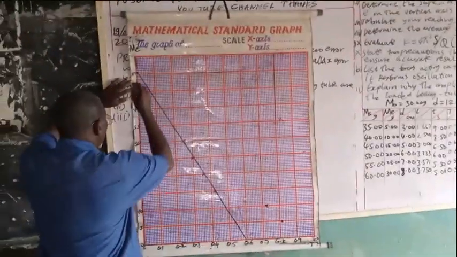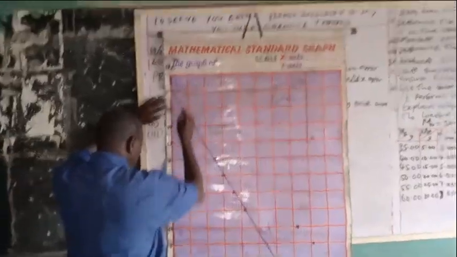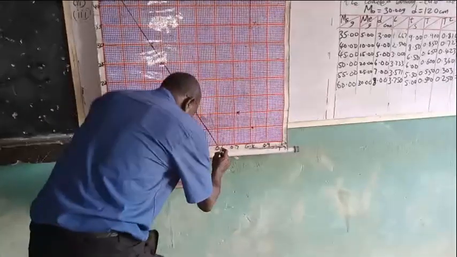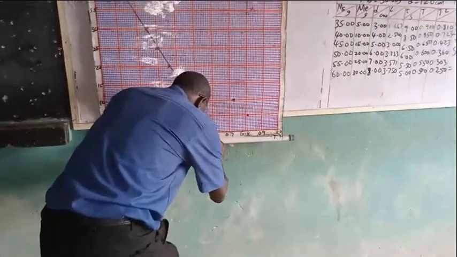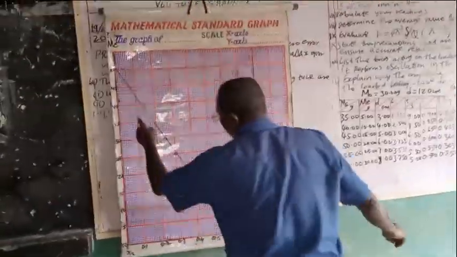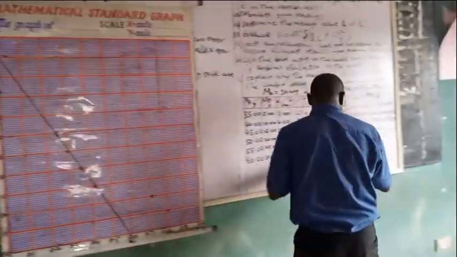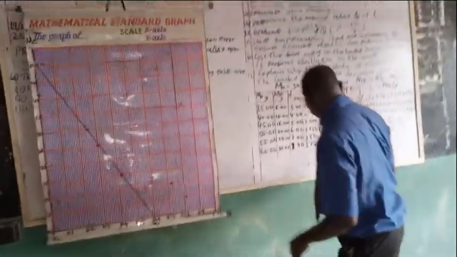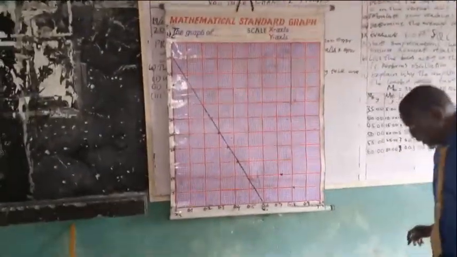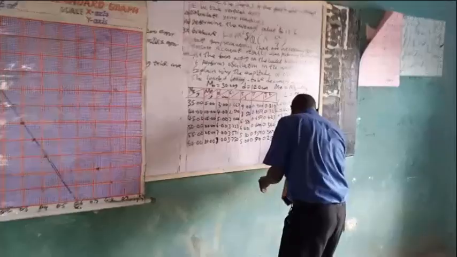this is Y2, this is Y1, this is X1, this is X2. So our Y2 is 50, our Y1 is 0, our X2 is 0.6, our X1 is 0.